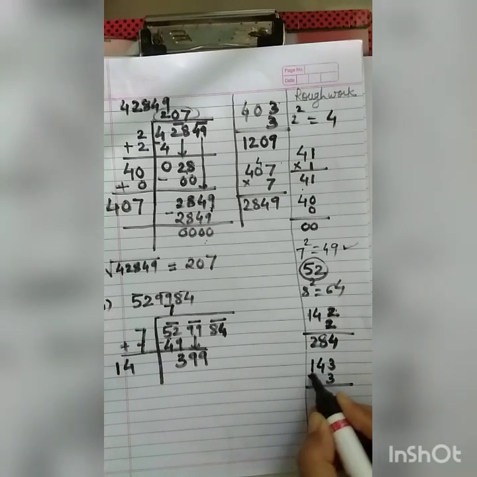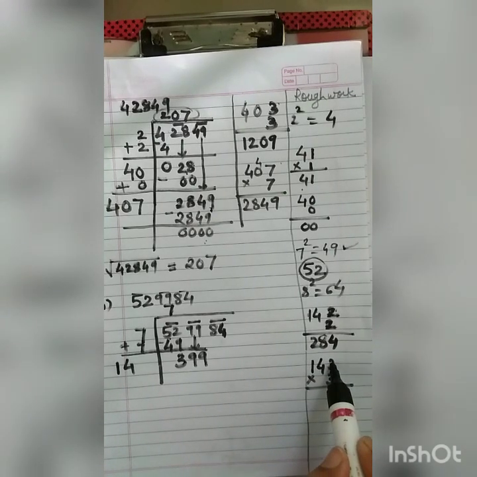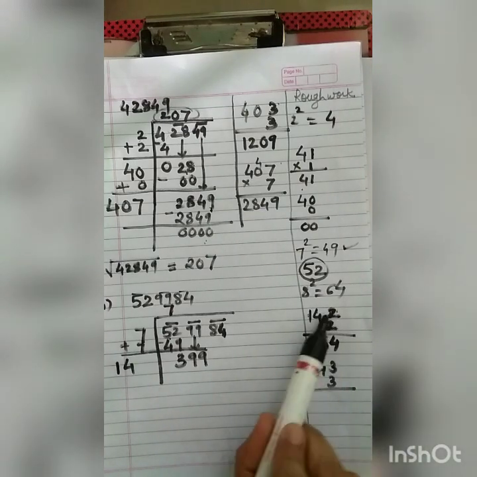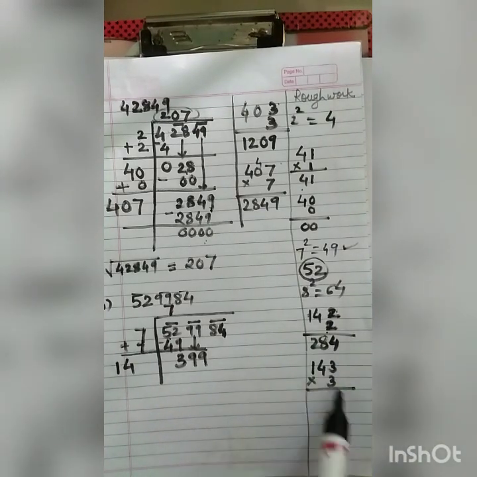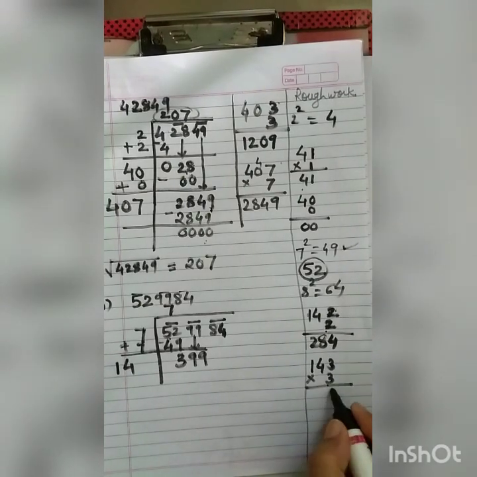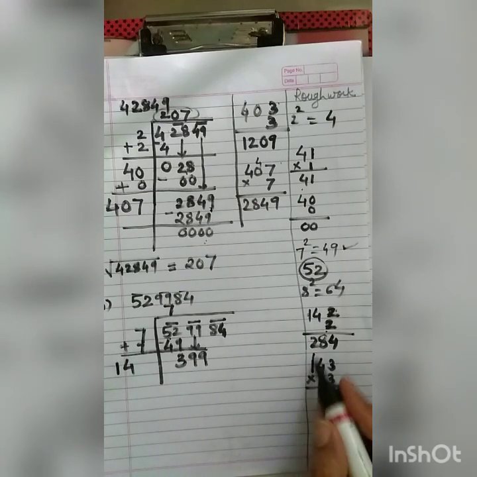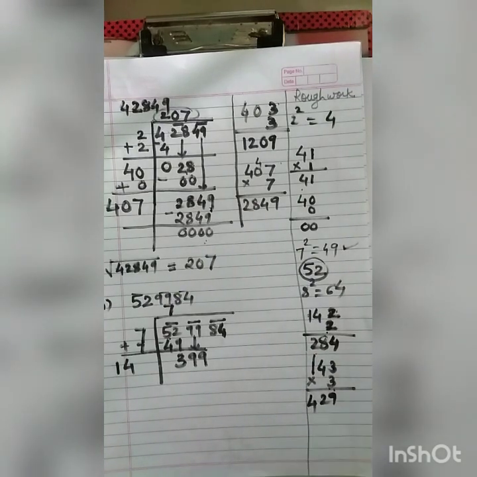One thing keep in your mind: whatever number you take at the unit place, that same number we have to multiply. If I am taking 2, I have to multiply by 2. If I am taking 3, then I have to multiply by 3. 3 3s are 9, 4 3s are 12, carry 1, 3 1s are 3 and 1, 4. So it will be a bigger one.